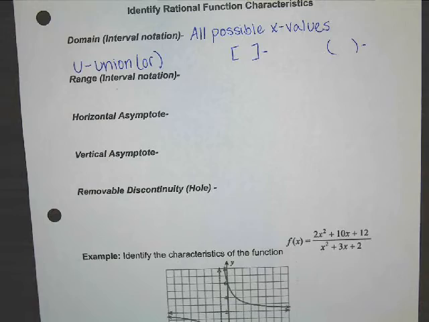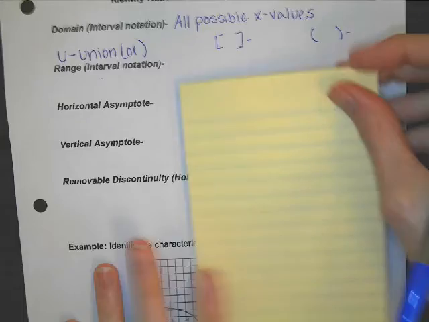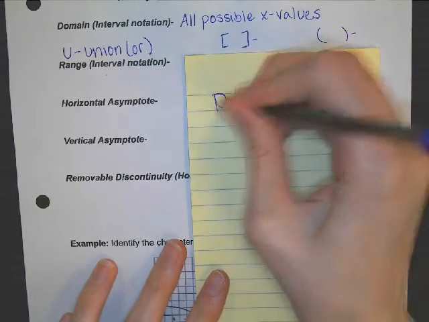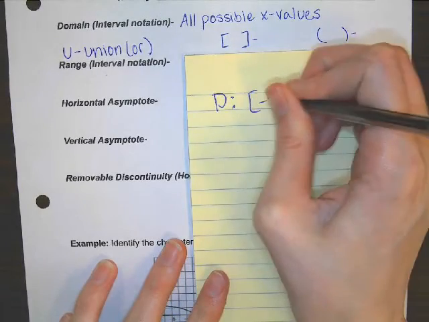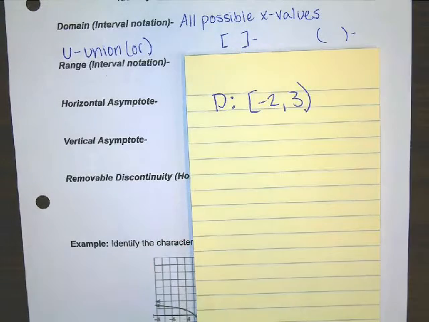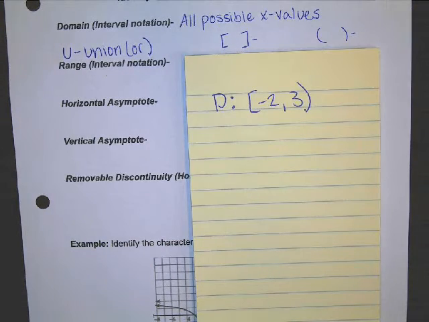Okay, so really quick, just to make sure you understand, if I were to tell you, here's your domain, what does that mean? -2 or 3. Well, there is no union in here. -2. Yeah, those are the numbers. What does that mean? That's where it starts.